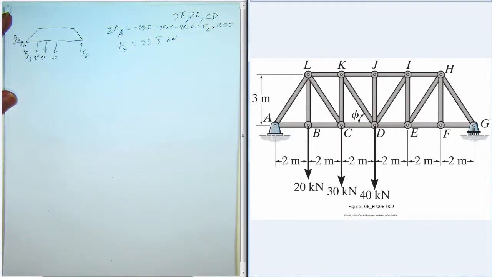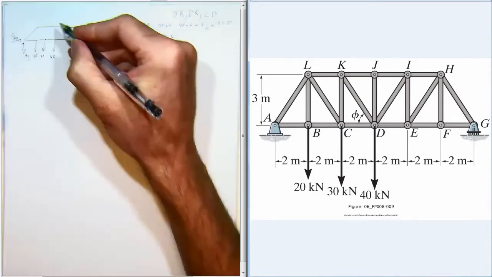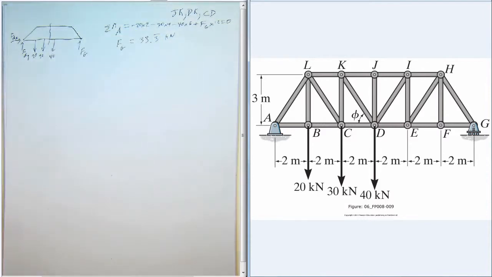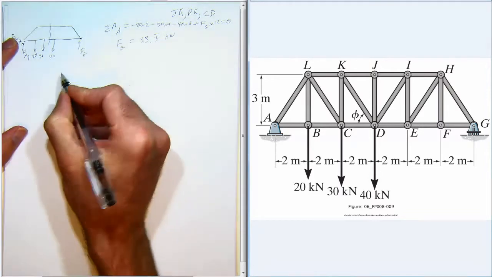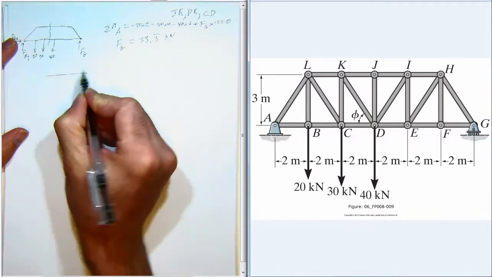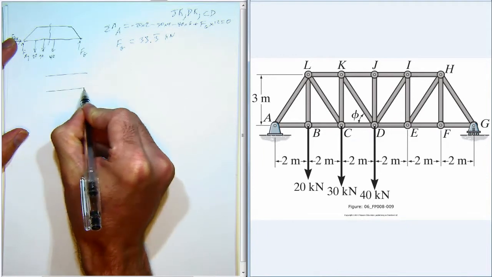One other thing we need to do for the problem, well, we'll deal with this in a second. So now we'll go ahead and make our cut, and it's going to be right about here, between K and J, going down. So I'll draw the rigid body for this section of the truss.